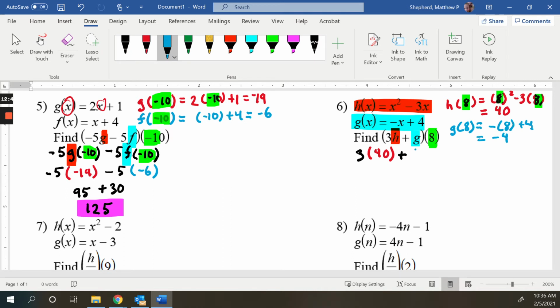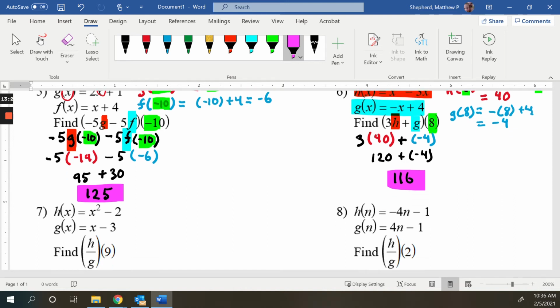Well, g of 8 just equaled negative 4. So now we do 120 plus negative 4, which will equal 116. And there we are. So remember, all we need to do, if they're giving you this input number, put the number in, figure out what the output would be, and then you can use that output to find your answer.